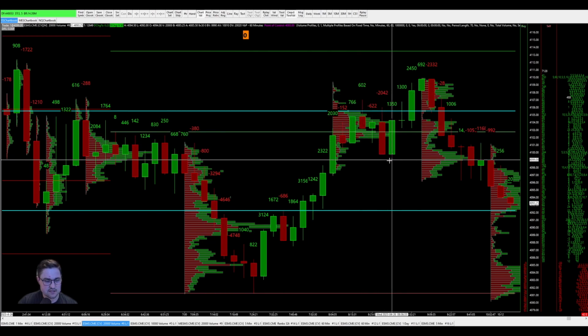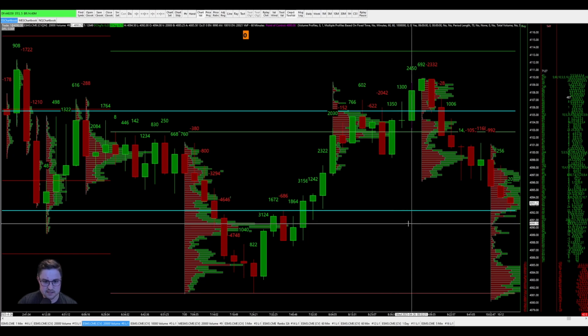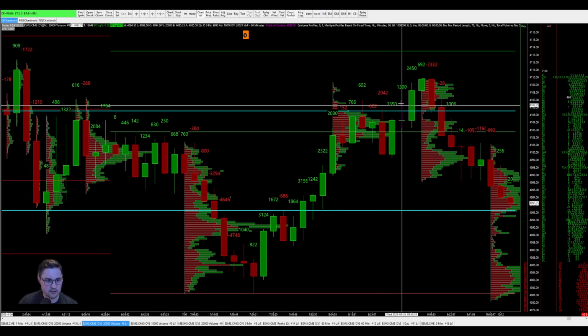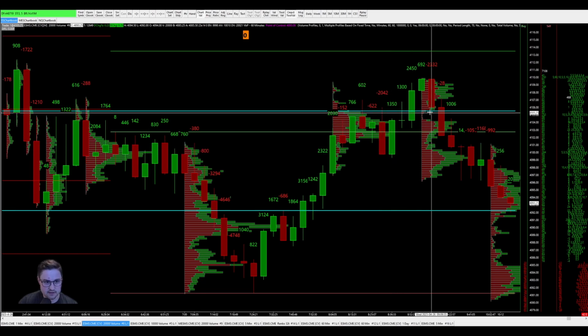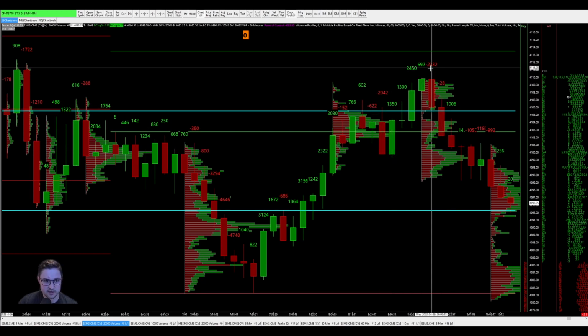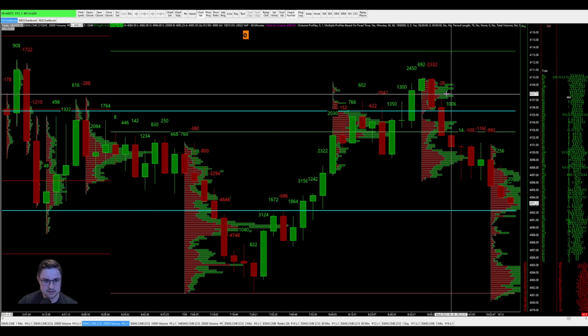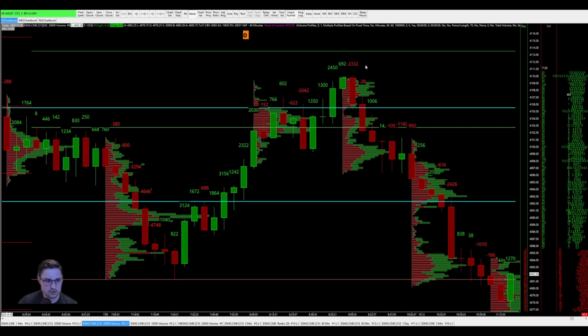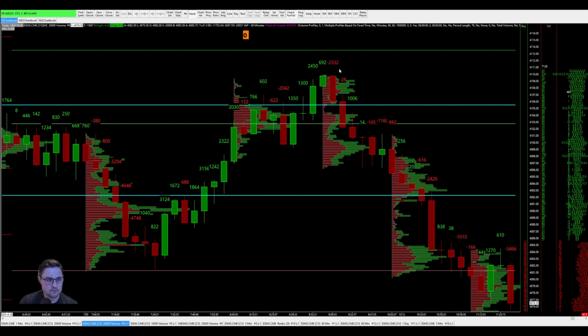It looks like it wants to start retesting these areas, but that was almost like a rejection. Tested again, and then the seller stepped in again with 2300 delta on the sell side, and that's where it actually triggered the short. It looks like it didn't even reach the extension value.